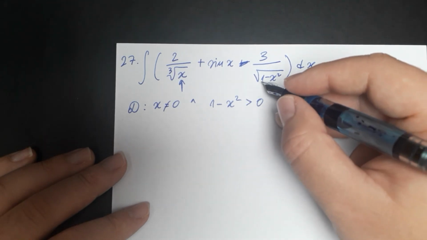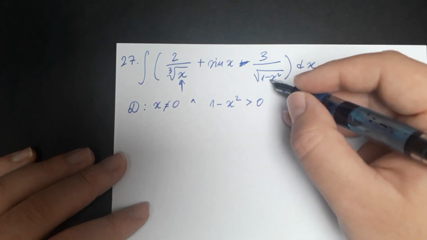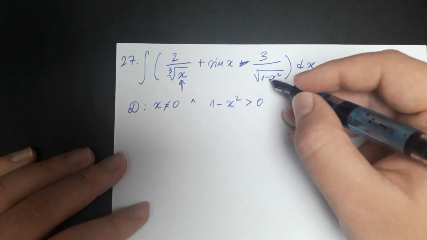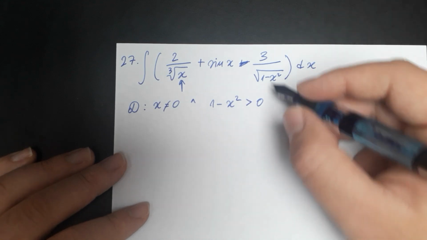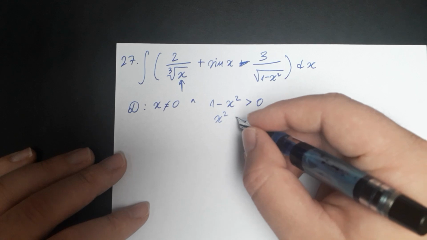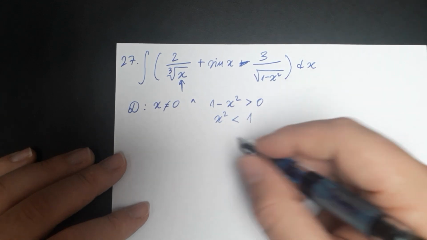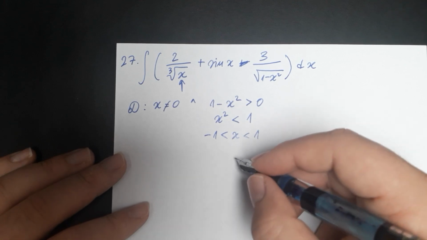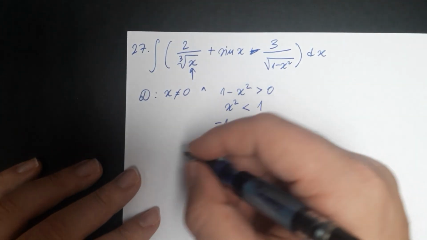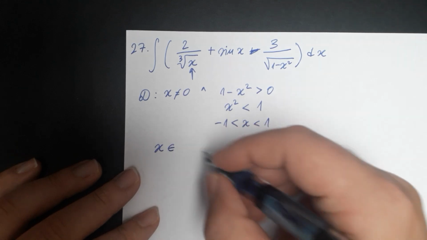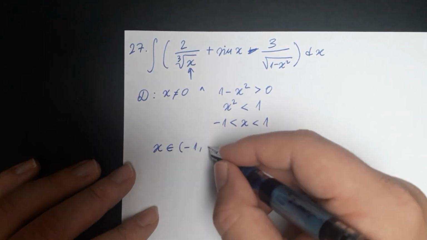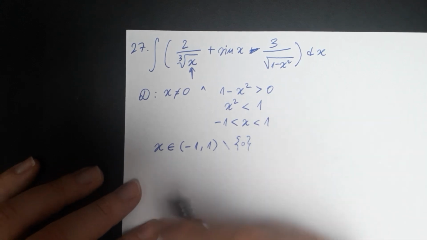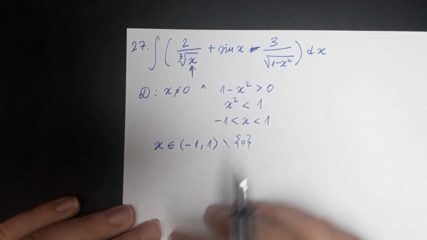First larger or equal to 0 because it is under the square root, and then strictly larger because we would have division by 0, which is not allowed. So x squared has to be smaller than 1, which makes x between negative 1 and 1. So that means that x has to belong to the interval from negative 1 to 1, and 0 has to be excluded from that interval.